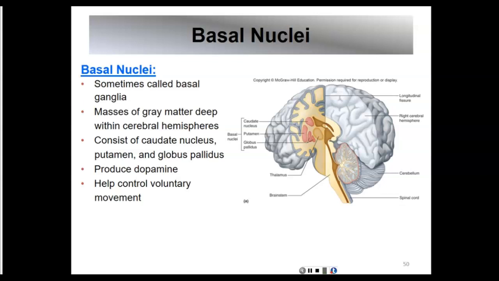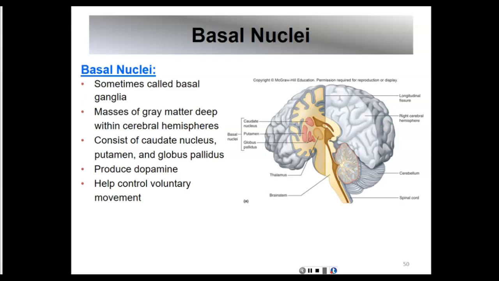We see problems with dopamine production in patients with Parkinson's disease. They have, for whatever reason, a problem producing dopamine, and thus they start to have loss of voluntary muscle control, or they'll have spasms or twitches, a whole number of muscle problems.